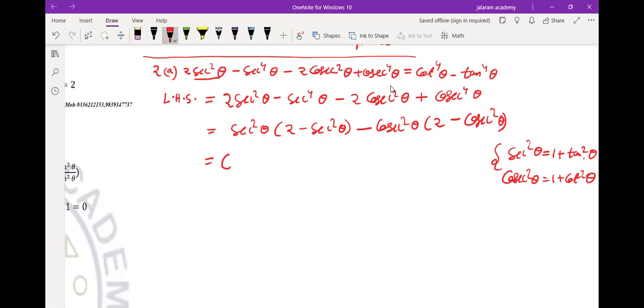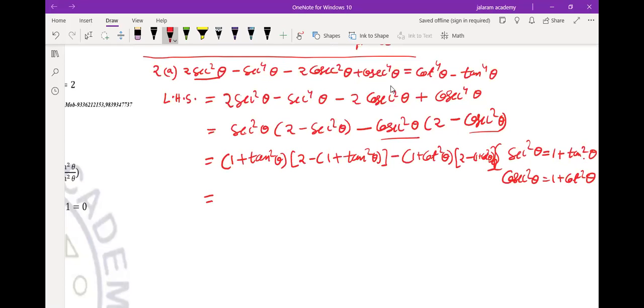So we write in place of sec square theta 1 plus tan square theta into 2 minus, in place of sec square theta again 1 plus tan square theta, minus in place of cosec square theta we will use 1 plus cot square theta into 2 minus, again in place of this cosec square theta we will use 1 plus cot square theta. Okay.